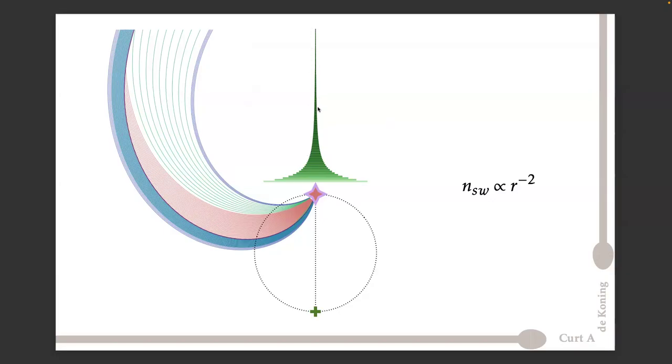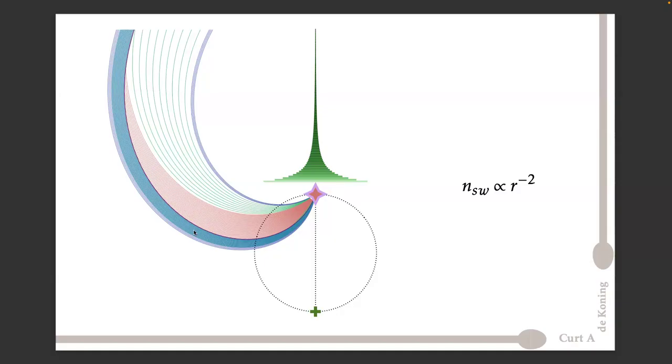Radially, the density is falling off as 1 over r squared, and that is true for any radial direction, including radial directions through the CIR. Any portion of the CIR is just different speeds of solar wind that are radially expanding, and therefore these regions of the CIR are also falling off as 1 over r squared.